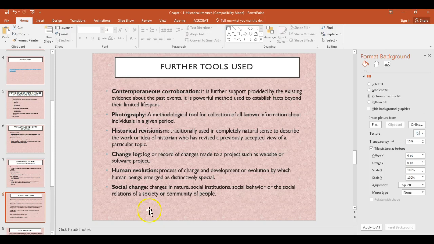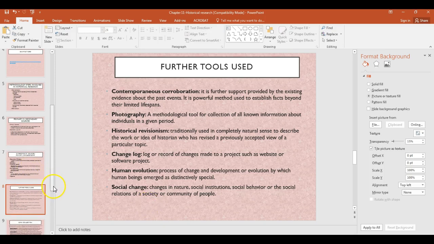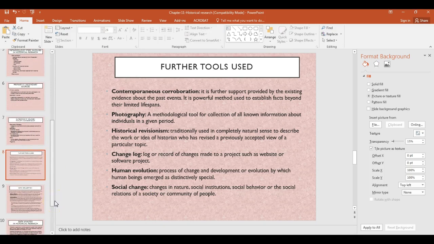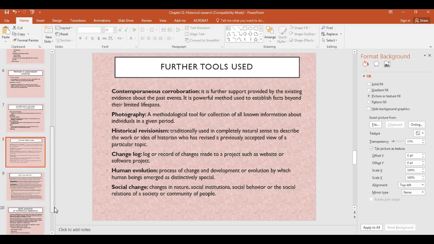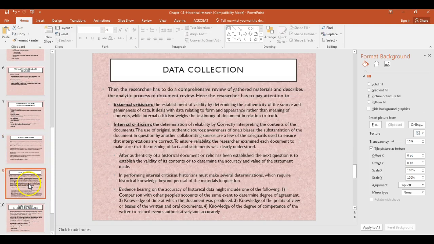All of these are considered important tools for a researcher writing a historical research.